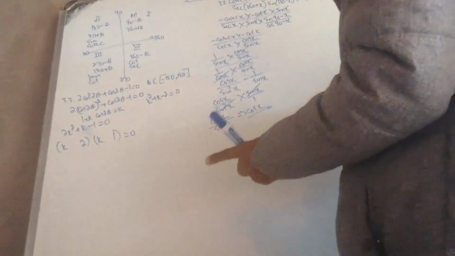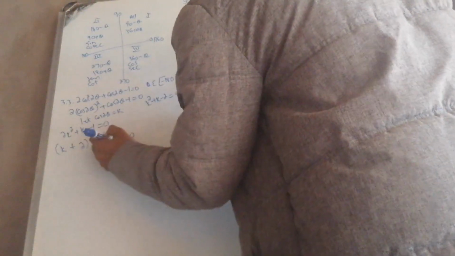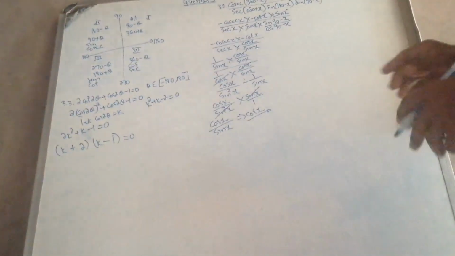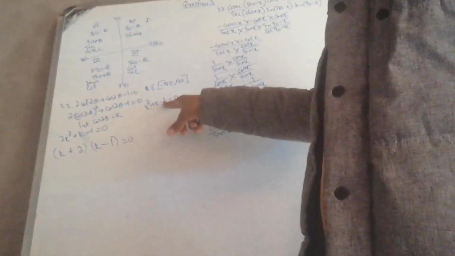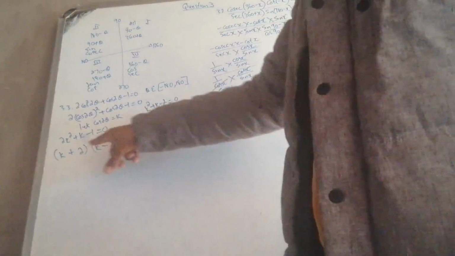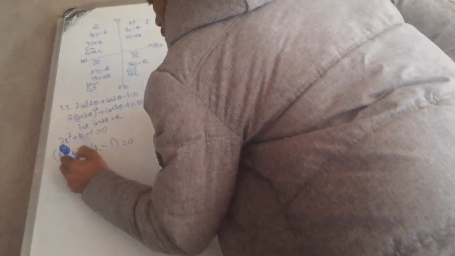So I'll have my k and my k. The factors of 2 that can give you 1 are 2 and 1. The bigger number takes the sign of the middle term, and the other must be negative. Okay? So that 2 which you took and multiplied the value of c with, you divide every number here by that 2.